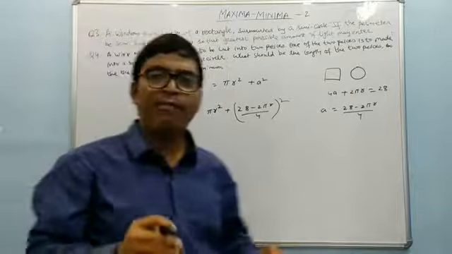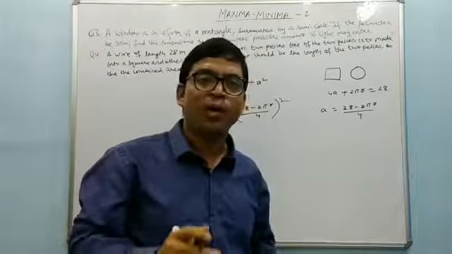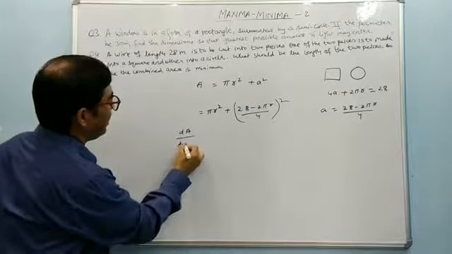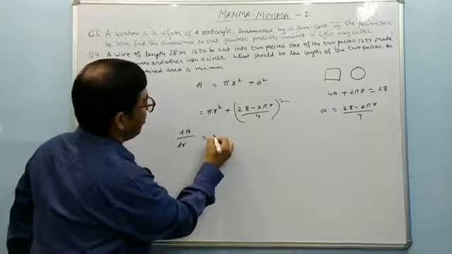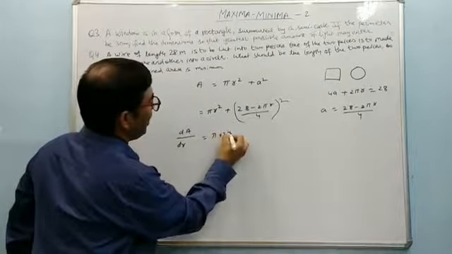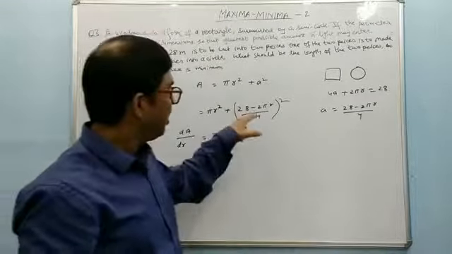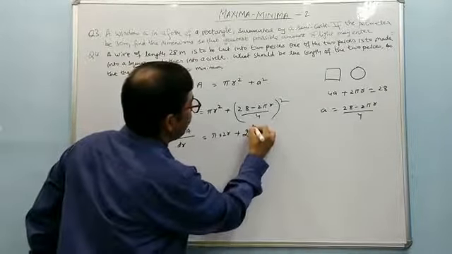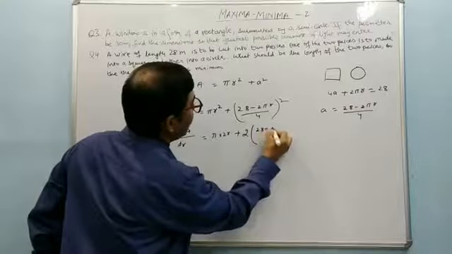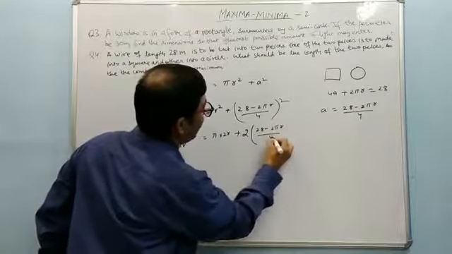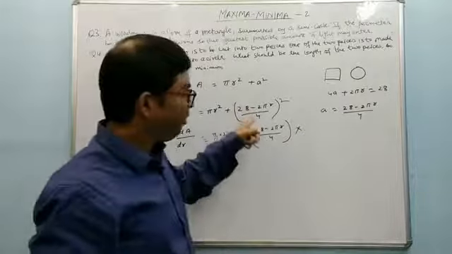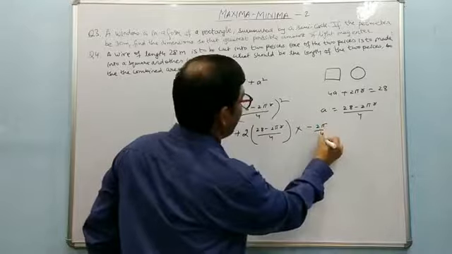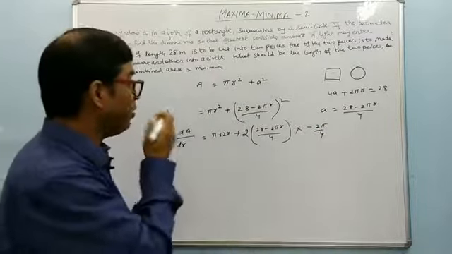So up to two steps we have done. We have to differentiate now, and on differentiation dA by dr comes out to be pi into 2r plus, just take help of the chain rule and differentiate carefully, something is square, so 2 into that thing, (28 minus 2 pi r) by 4, into the derivative of that, 28 by 4 is constant so 0, minus 2 pi by 4, and that we have to put equal to 0.